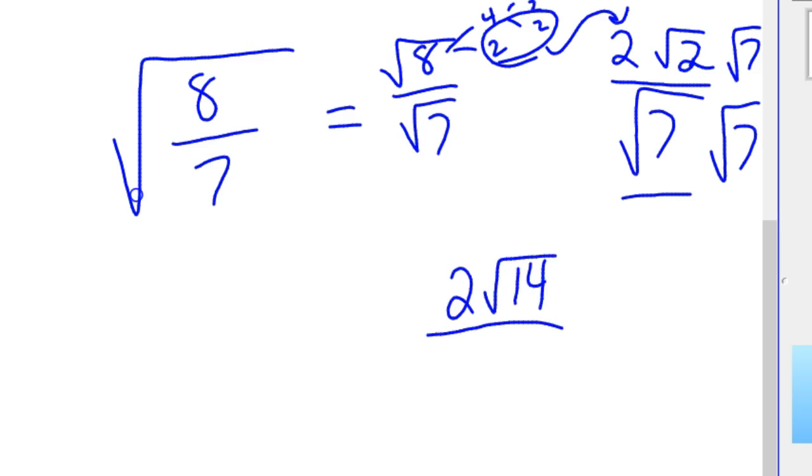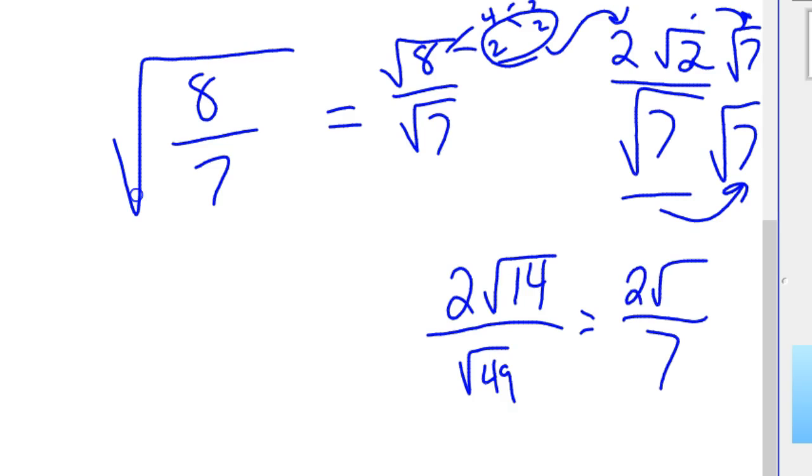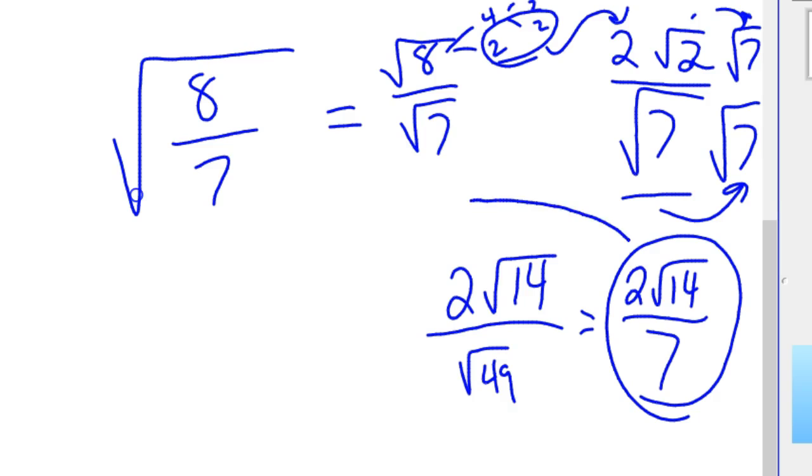On the bottom, you'd have root 49. Multiplying these two together, multiplying these two together. Well, root 49 is 7 on the bottom, and 2 root 14 stays as is. So that's the simplified version of the square root of 8 divided by the square root of 7.